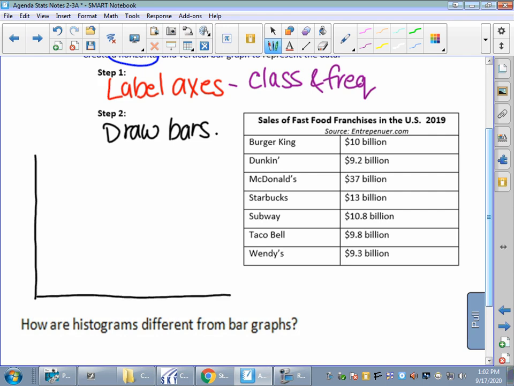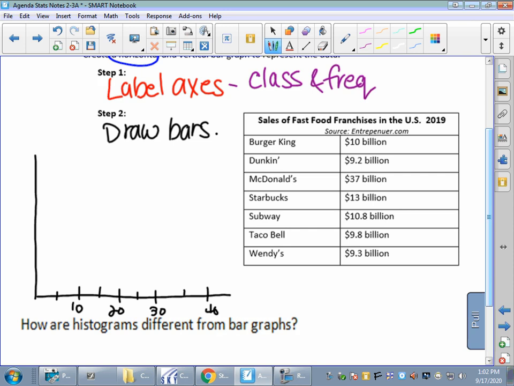So that means my frequencies are going across the x-axis. I go from 9.2 up to 37 billion. So let's say here's 10 billion. We'll count by fives. 20, 30, 40. So there's 15.